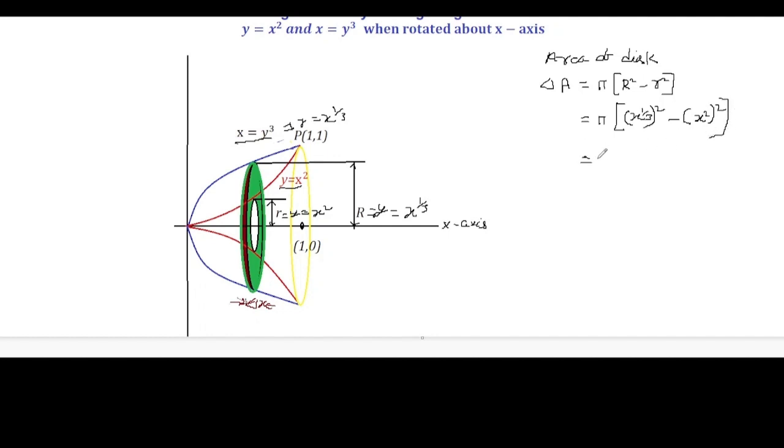Finally, delta A gives us pi times (x to the power 2/3 minus x to the power 4).